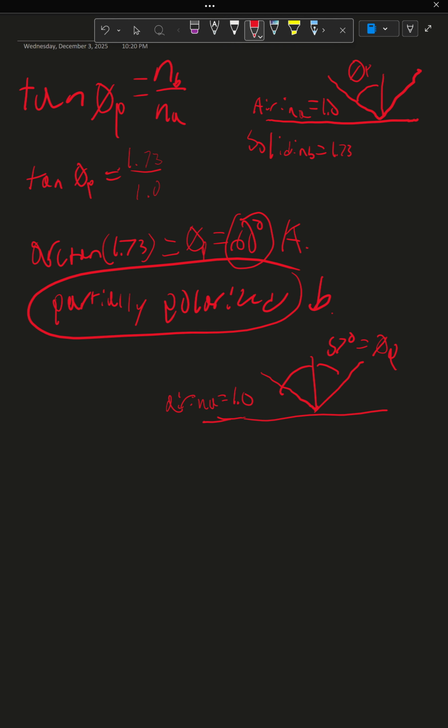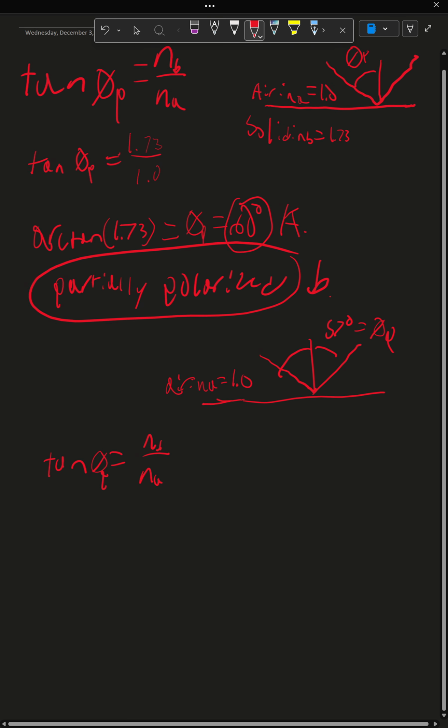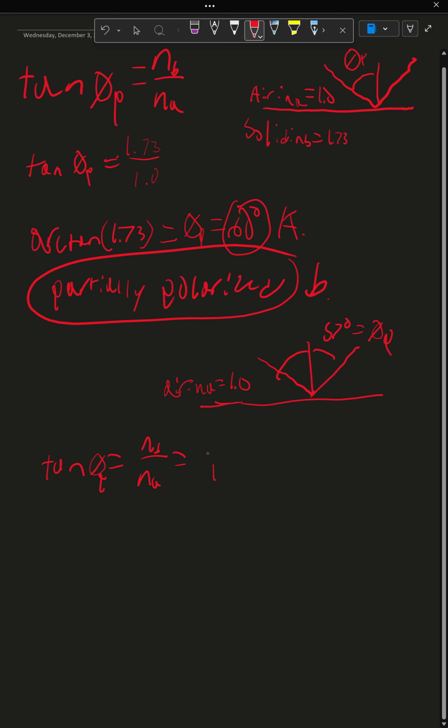Tan theta p equals n b over n a, and n a is 1.0, so it's 1 under n b, because we don't know what n b is.